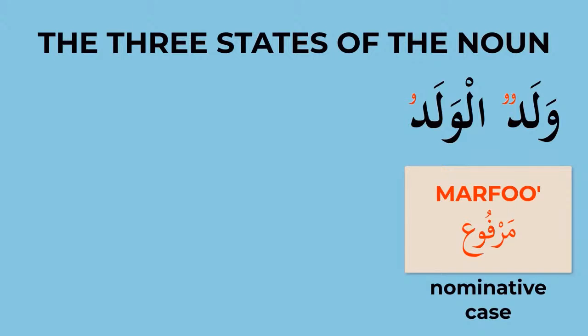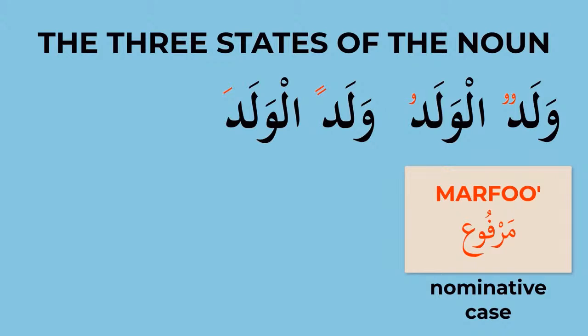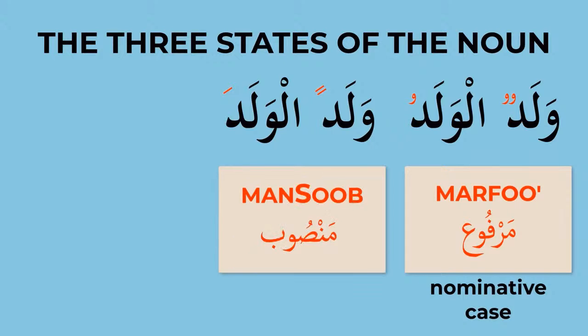Now, if the noun ends with a fatha, be it a tanween or one single fatha at the end of a noun, then we say it is mansoob.